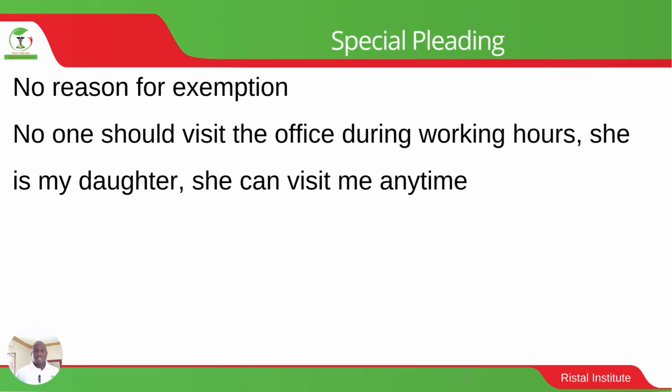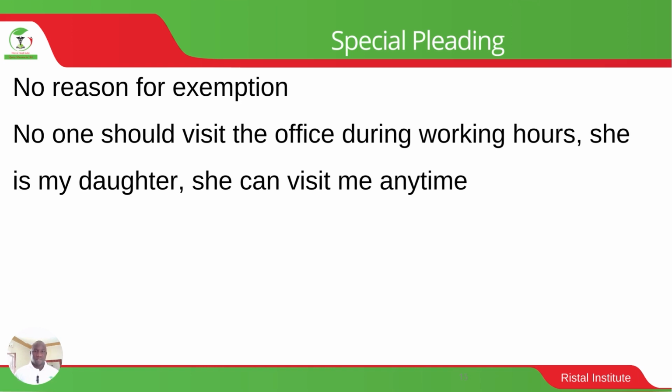Special pleading is a fallacy when someone asks or wants a particular exemption without giving any particular reason for it. So, for example, you have a rule in your workplace that you should not entertain visitors during working hours, and then perhaps your boss has a daughter, and the daughter comes during working hours.